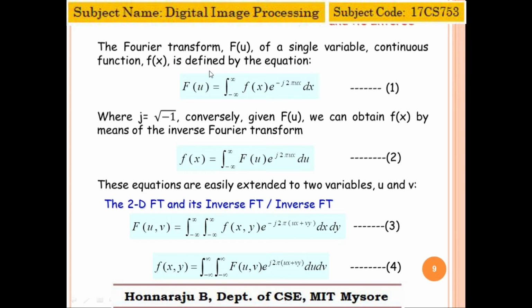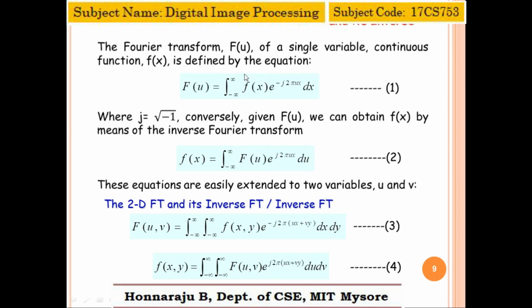As I already mentioned, the Fourier transform is represented by an integral of the function, from minus infinity to infinity, where j is equal to square root of minus 1. Given F of u, we can obtain f of x by the inverse Fourier transform.